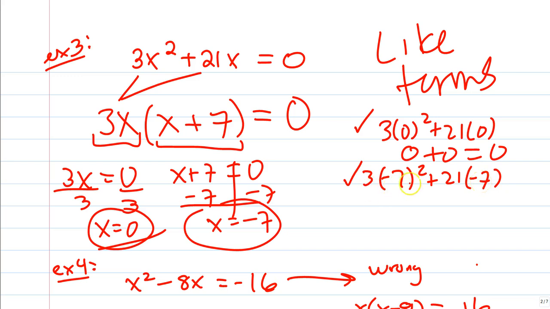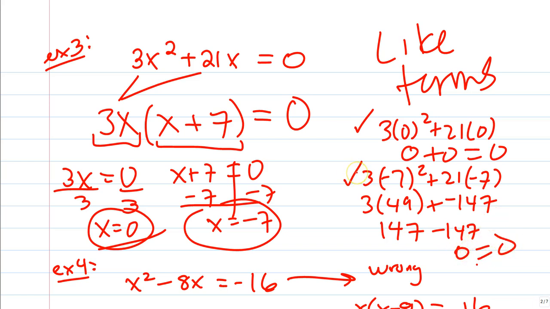Ooh. 3 times 49 is positive 147, minus 147. We get 0 equals 0. Those are our 2 solutions.